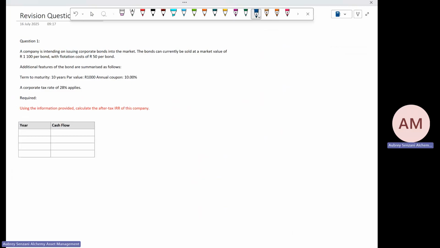So let's start in year 0. Remember, we said if it's easier, you can think of it as if I am the investor purchasing this bond, because the calculation is the same. Does it make sense? Where would we start? To invest in this bond, what's the first thing that must happen? Cash outflow. We have to pay for the bond. How much is the bond? Yes, the market value, which is what we would buy it at, is 1,100.